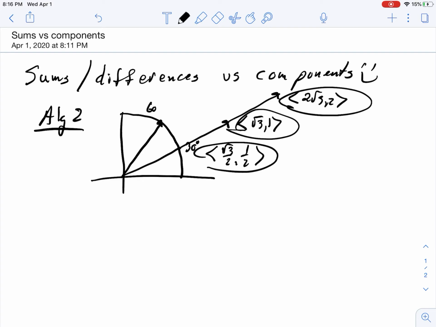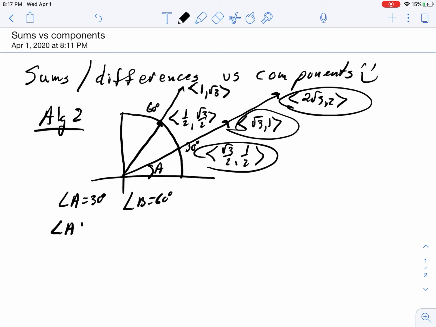Now the other one, to make it easy, say 60 degrees. Likewise, its components would be 1/2 and root 3 over 2. If I multiply by 2, I would have 1 comma root 3, and so on. Let's say this is angle A, so angle A is 30 degrees. Angle B is 60 degrees.